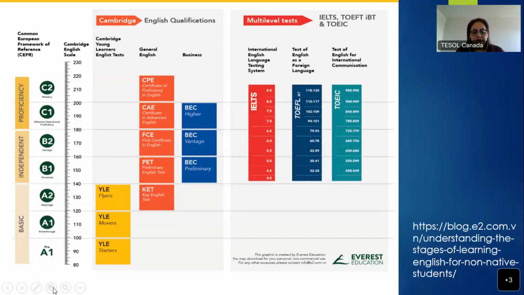So here on the left side, you can see the levels: elementary, pre-intermediate A2, B1, intermediate B2, upper intermediate C1 and C2. It's CAE and CPE proficiency.